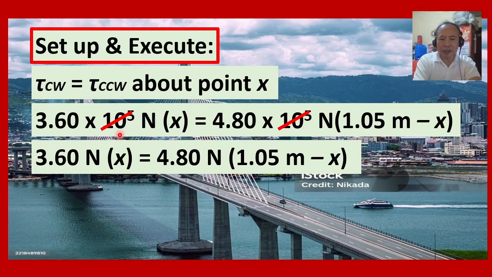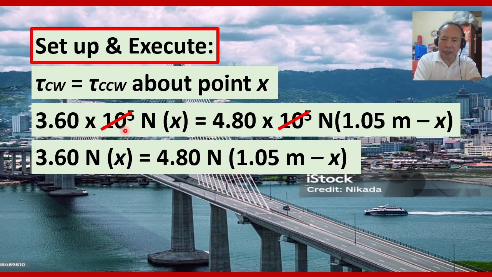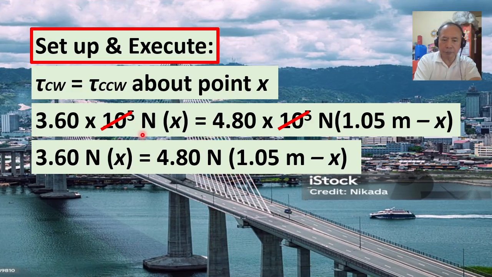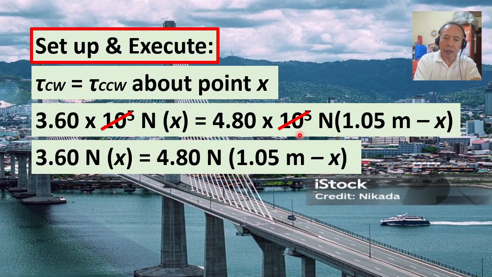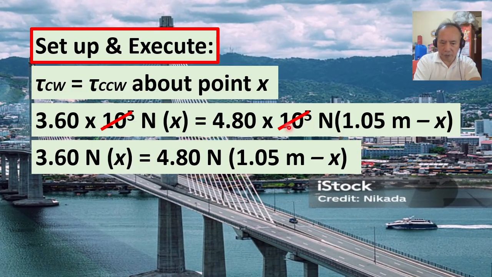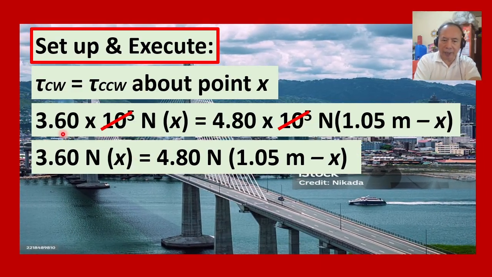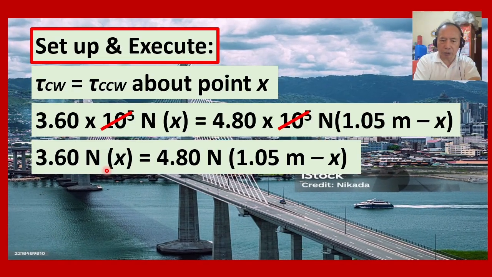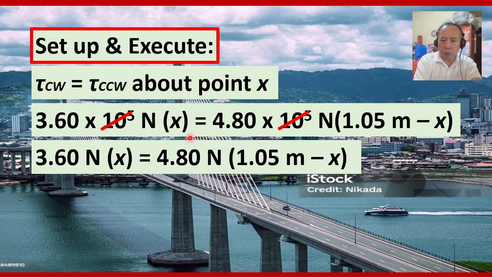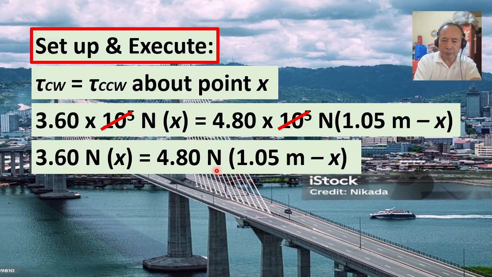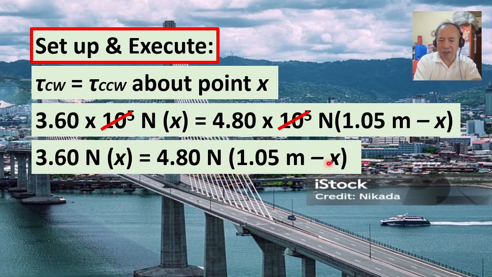For ease, we just cancel out 10 raised to the fifth contained on both sides of the equation. So on the left, we are left with 3.60 Newton times x, equal to 4.80 Newton multiplied by the quantity 1.05 meter minus x.